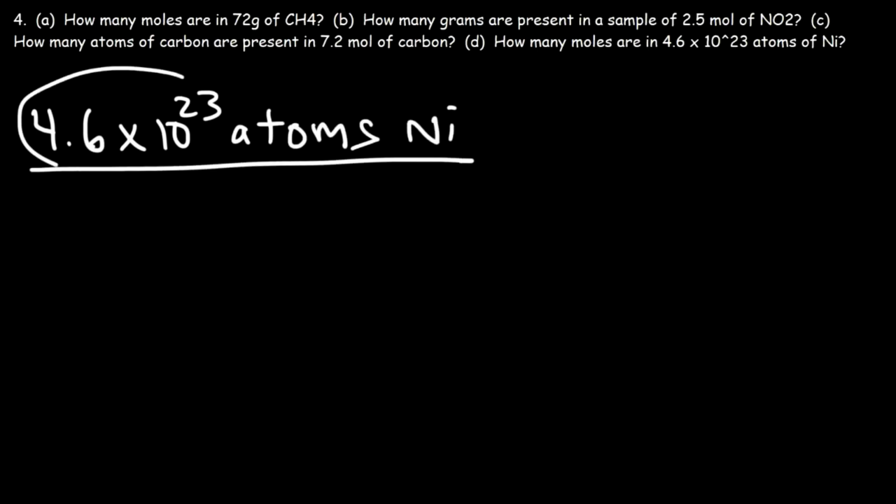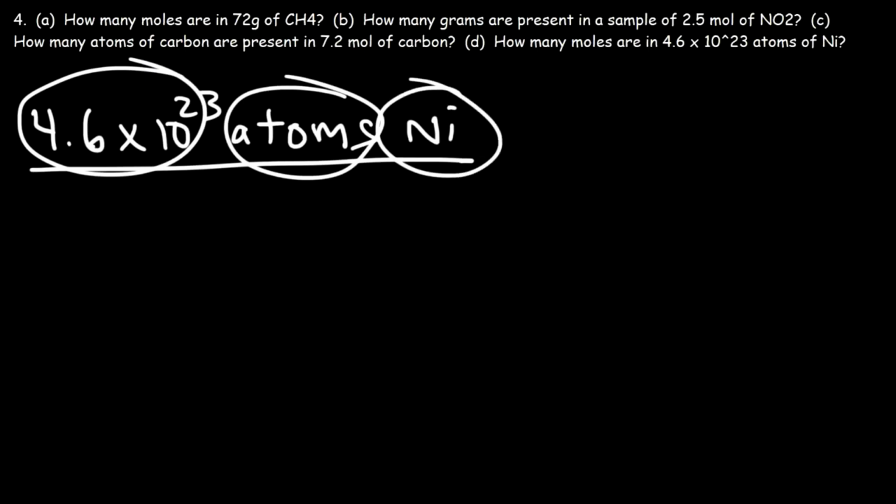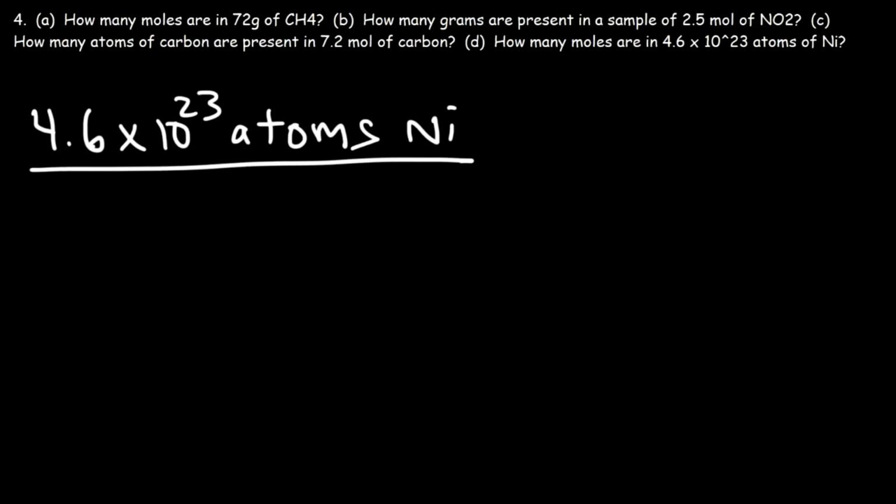You need the number, you need the unit, it could be grams, moles, atoms, molecules, and you need the substance. Right now, in the problems that we're dealing with, we're only changing the unit. Of course, we get a different number, but we haven't changed the substance yet. In other problems, that's going to be something you need to be aware of. So not only do you need to convert the unit, you may need to convert from one substance to another. So just keep that in mind.